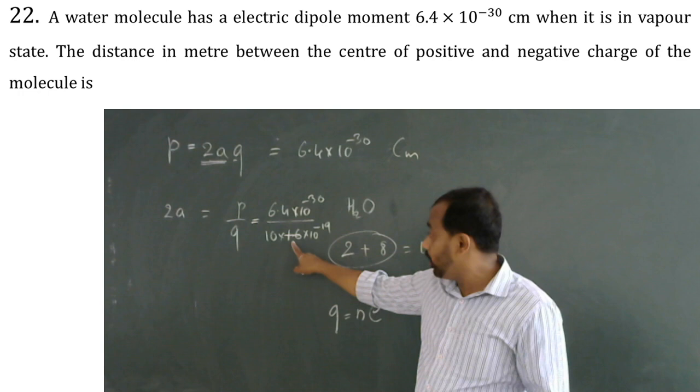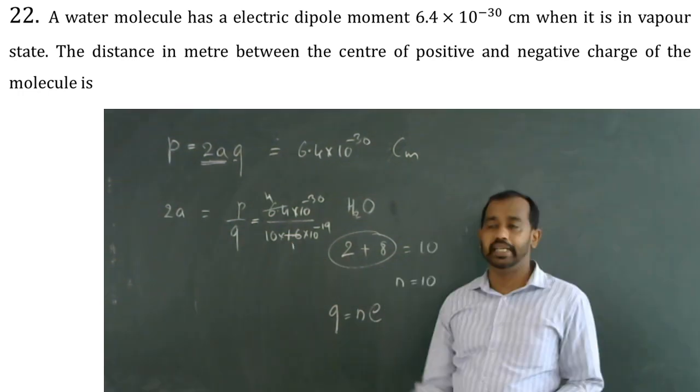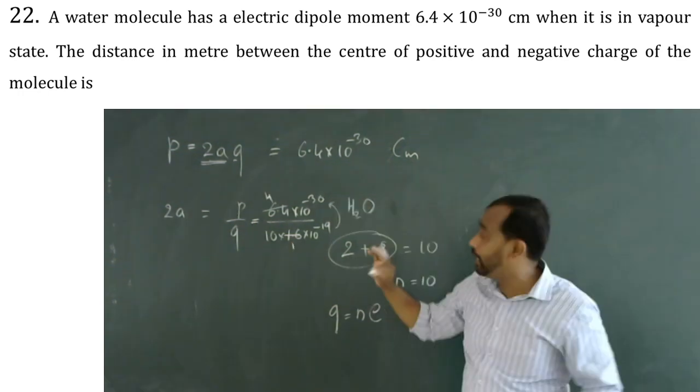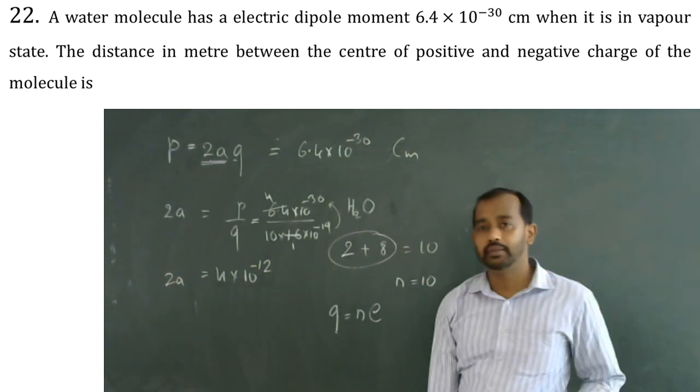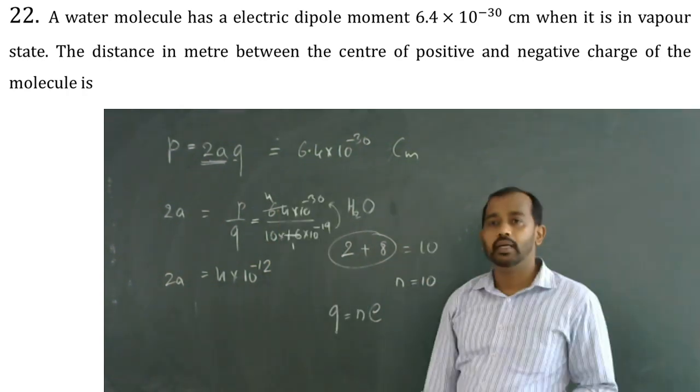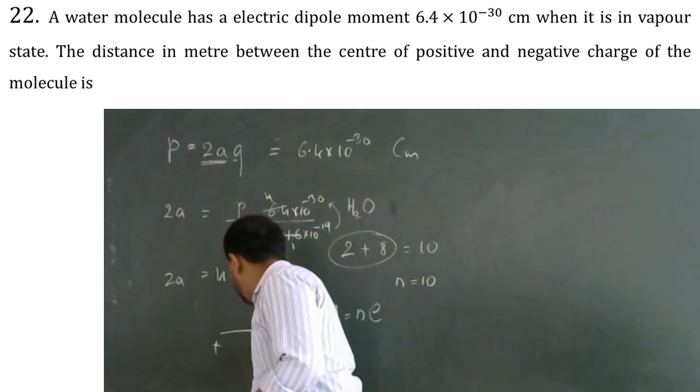Then 10 into 10 raised to minus 19 is equal to 10 raised to minus 18. When it goes to the numerator, it becomes 10 raised to plus 18. So therefore 2a will be equal to how much? 4 into 10 raised to minus 30 plus 18. So therefore 10 raised to minus 12 meters. That's it. This is the distance of separation between the center of positive charge and the negative charge, plus q and minus q.